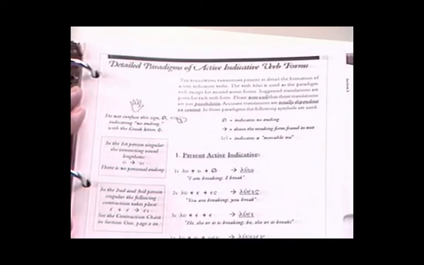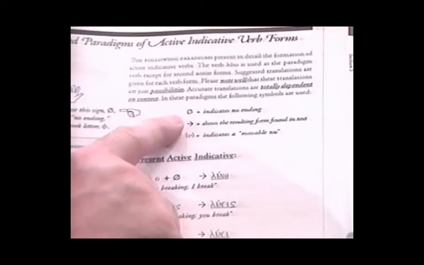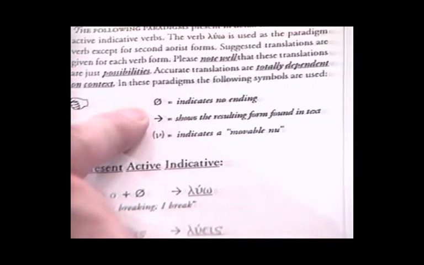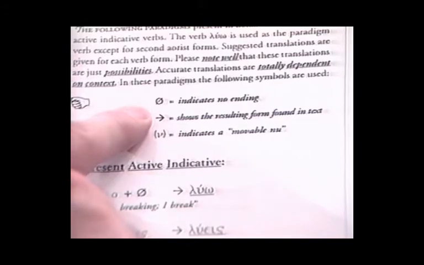and here we see some detailed paradigms of the active indicative verb forms. Notice that when this kind of symbol is indicated in the paradigm, it is telling us that there is no ending added.